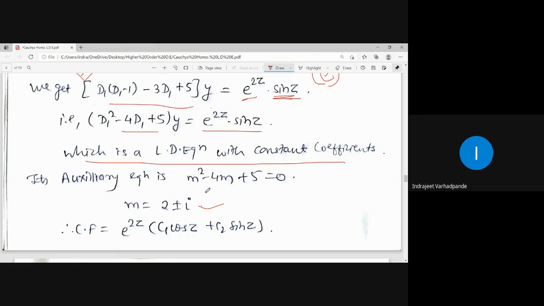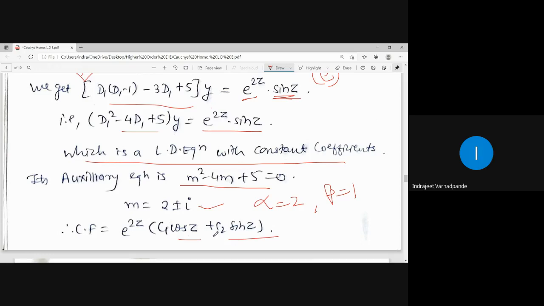Its auxiliary equation is m square minus 4m plus 5 is equal to 0. If you solve it, you get a pair of complex roots, 2 plus minus i. So alpha is equal to 2, beta is equal to 1. The solution is e to the power alpha z, not x, into c1 cos beta z plus c2 sin beta z.